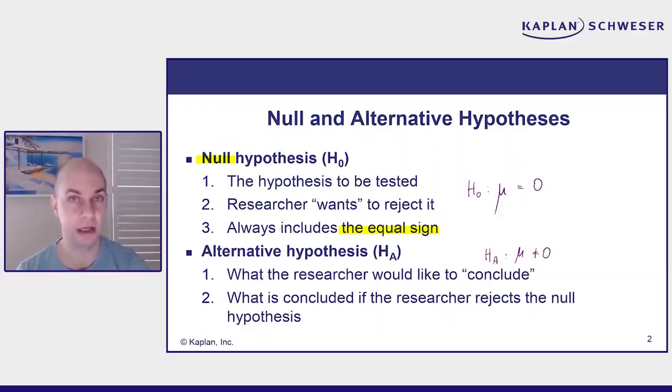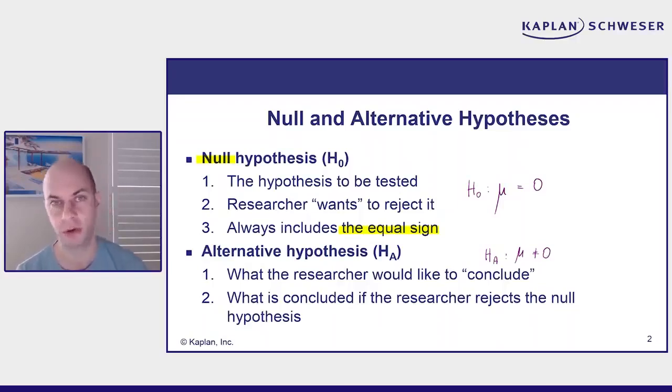And this is an example of a two-tailed test because we are able to reject the null if we find a sample that is significantly to the left, in the left tail of the distribution, or significantly to the right, in the right tail of the distribution.